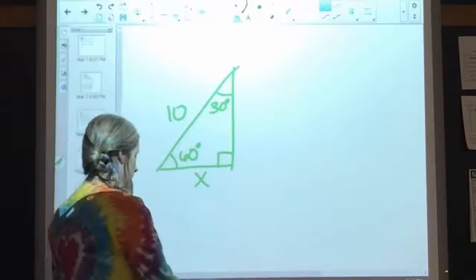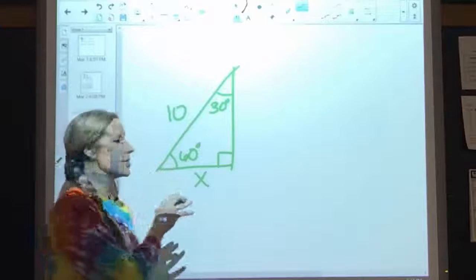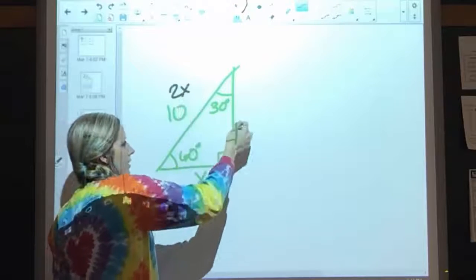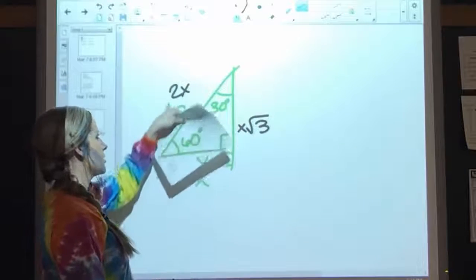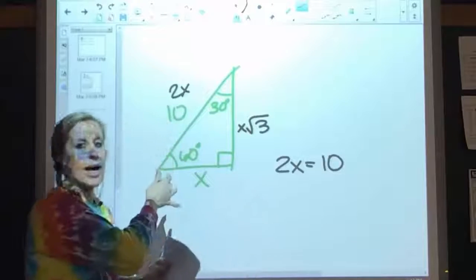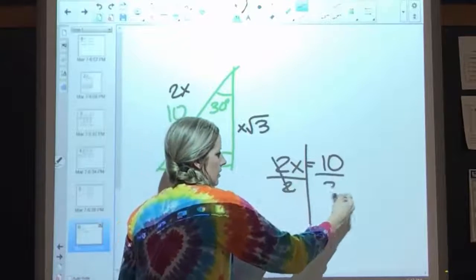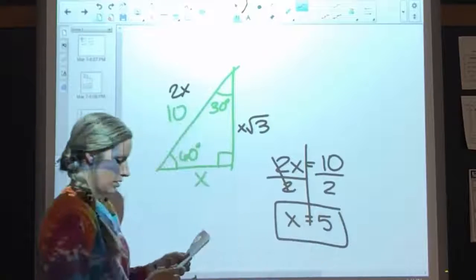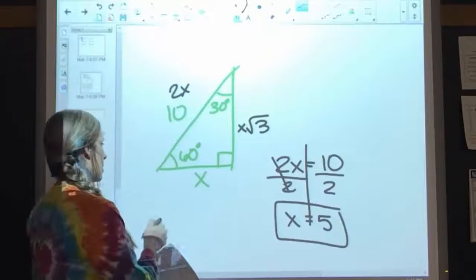Now, remember with 30-60-90 triangles, you're going to have x, 2x, and x square root of 3. So to figure out what x is, you can take that 2x and set it equal to 10, because we know that side is 10. And then you can solve for x. So you have to know your special triangles.